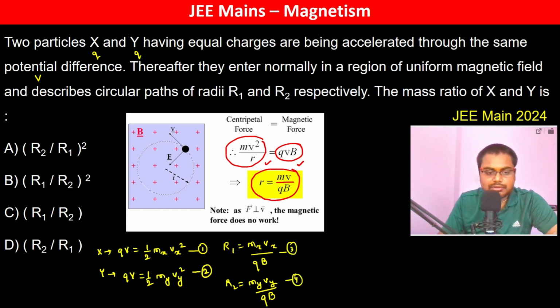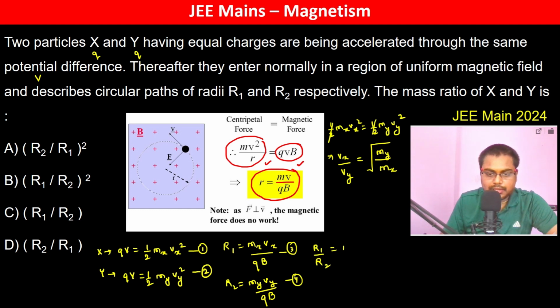Now since both energies are same, half mx vx whole square should be equal to half my vy whole square. So therefore vx by vy should be equal to root over my by mx. Now let us calculate r1 by r2.